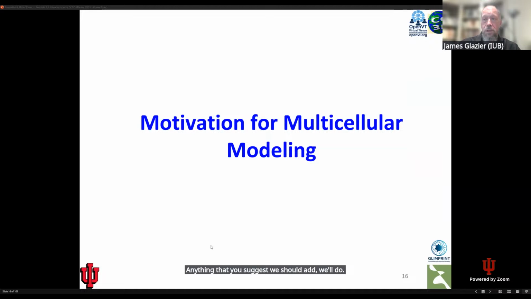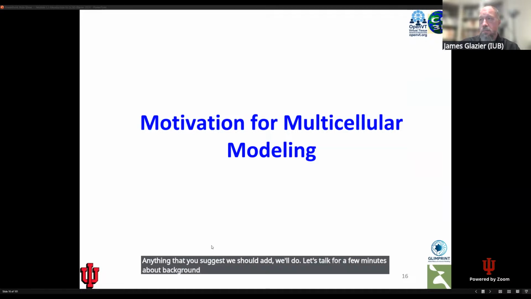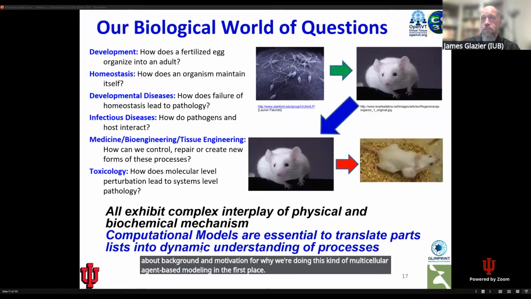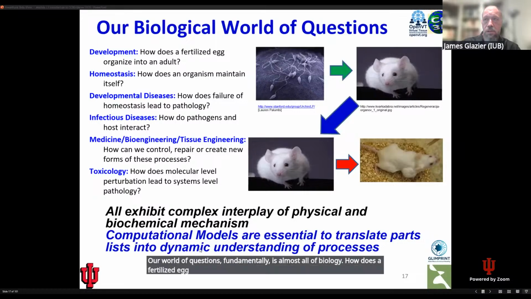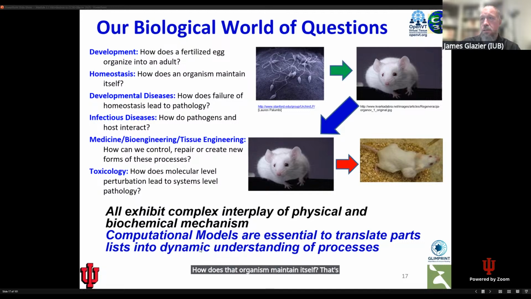Let's talk for a few minutes about background and motivation for why we're doing this kind of multicellular agent-based modeling in the first place. Our world of questions fundamentally is almost all of biology. How does a fertilized egg develop into an adult organism? How does that organism maintain itself? That's homeostasis.